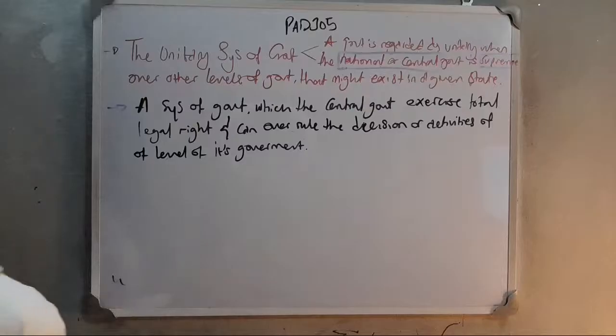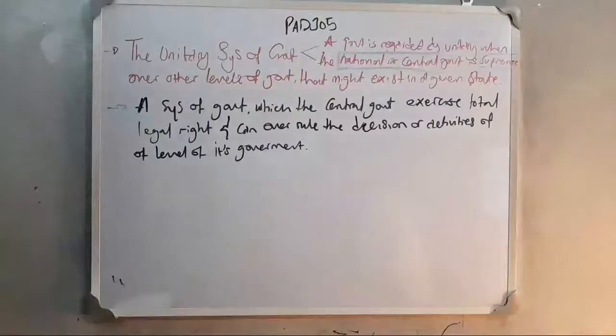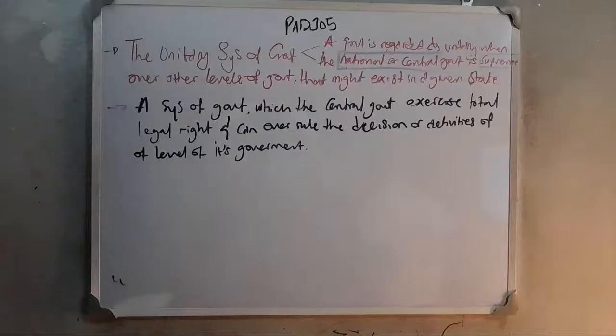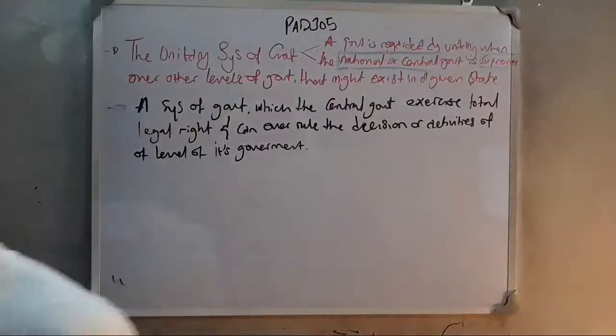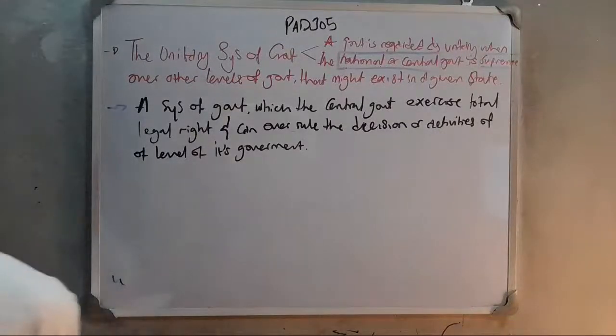Now, we need to understand that this system of government has its characteristics. What are the characteristics of this system of governments? Now, there is only one central power.